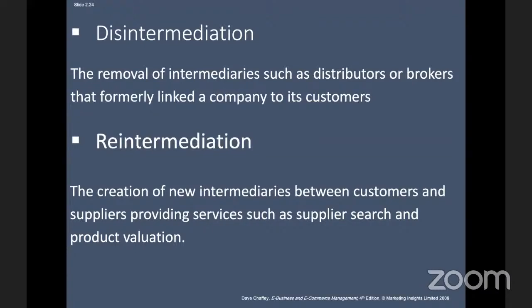In some businesses, disintermediation is necessary because you have to cut your cost, or you have to cut the margins of different parties from your product's final price. But in some cases or in some businesses, reintermediation is important, where you add an intermediary in order to communicate to your customers effectively.